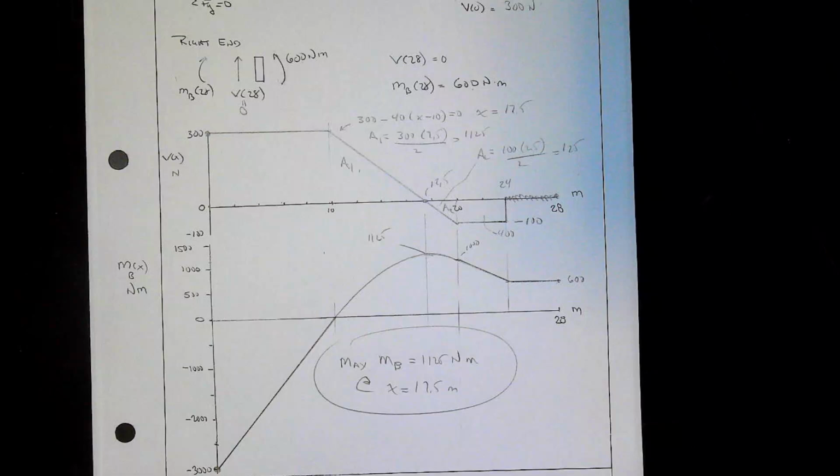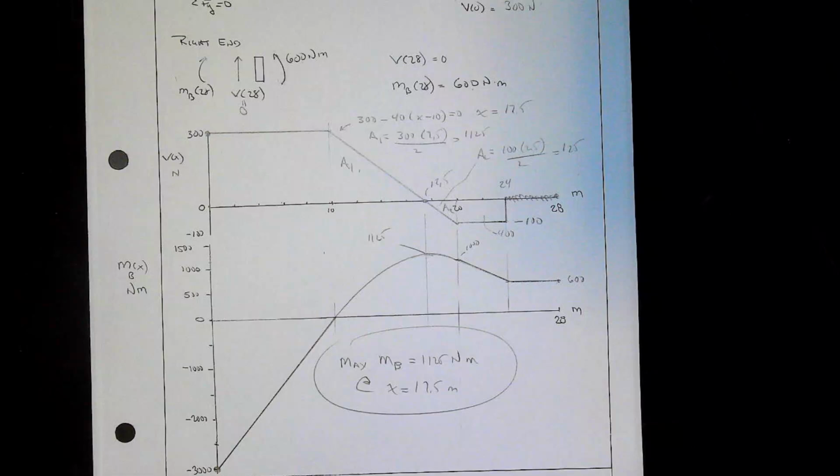All right, and we'll just follow this point down. Triangle A1 is 300 high, 10 to 17.5, that's 7.5, divide by 2, and that works out to 1125.